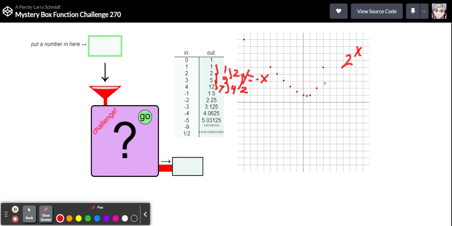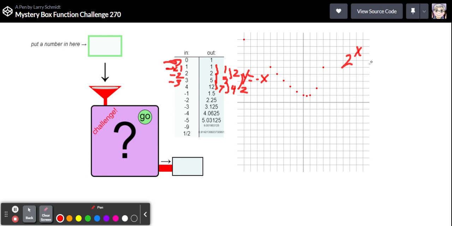What is going on here? So I get what I expect for 2 to the x at 0. At 1, I get what I expect, but -1. At 2, I should have gotten a 4. That's -2. At 3, I should have gotten an 8, and that's -3.